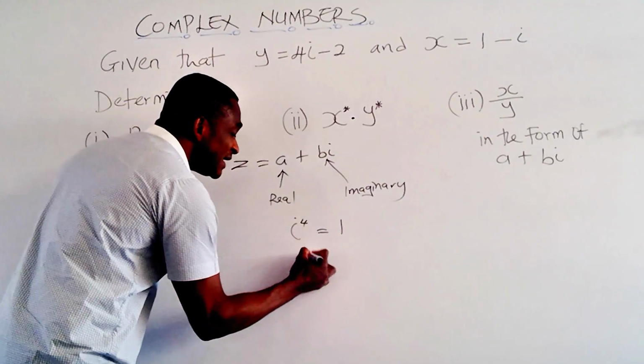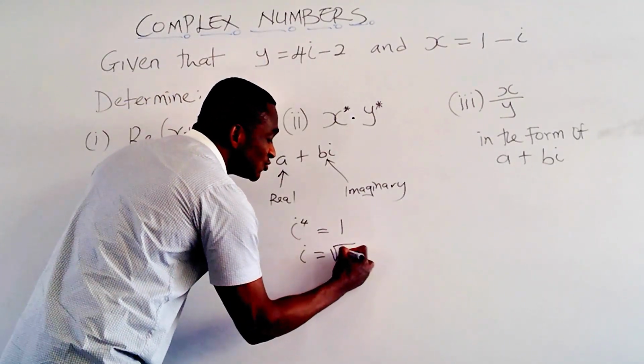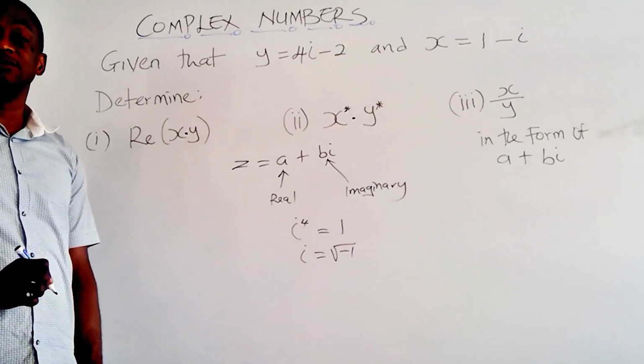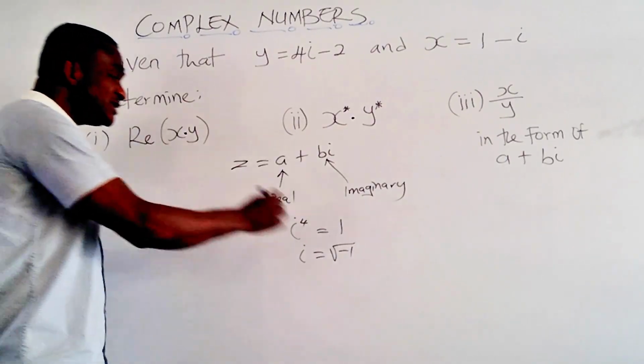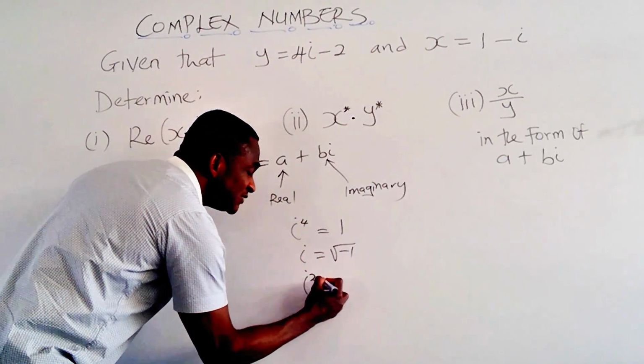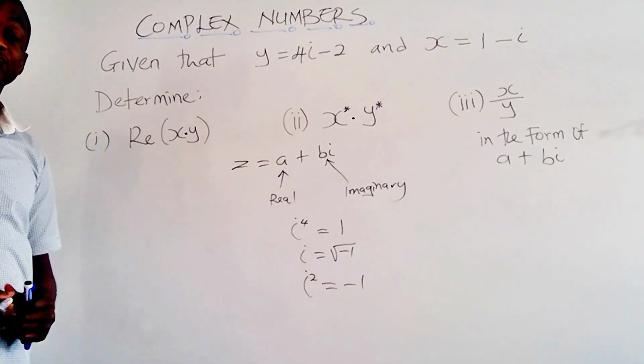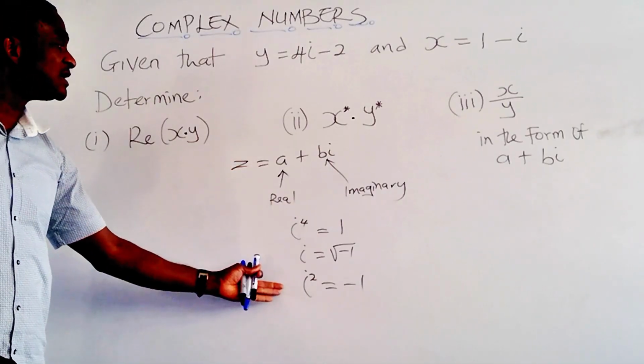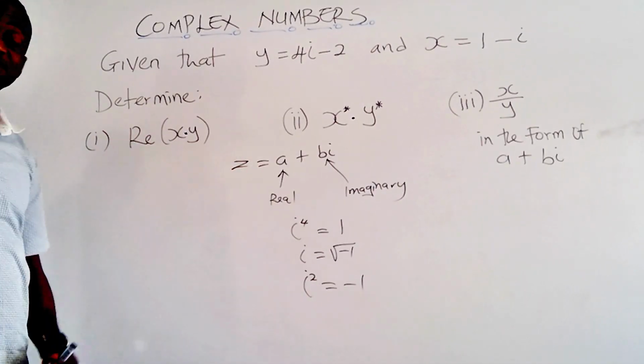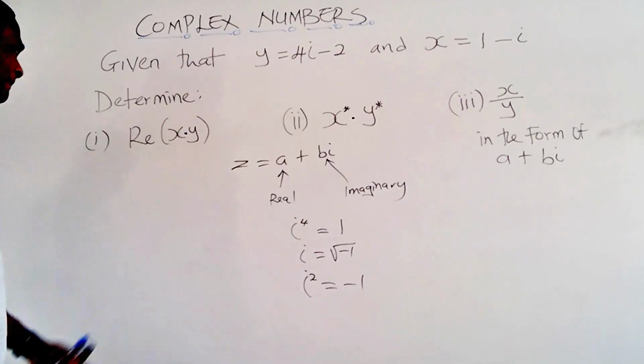And we also remember that i in itself is root of negative 1. Then it means that when you square the root of negative 1, you have i squared as negative 1. So with this basic, we can go on and simplify this expression.